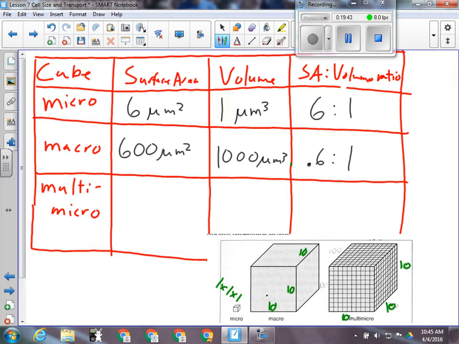So if I filled up this whole thing with micros, there would be 1,000 of them. The surface area of each micro is 6 square micrometers. So the surface area for a multi-micro is 1,000 times greater than that, which is 6,000.